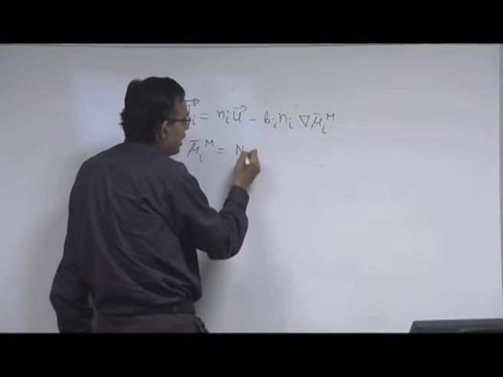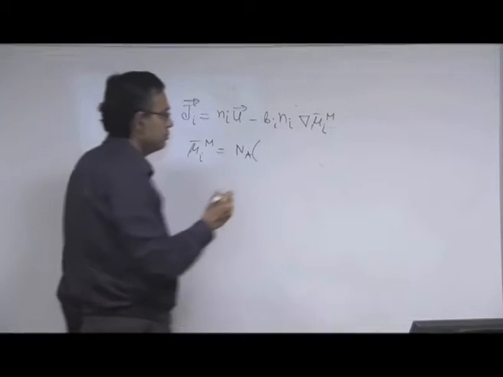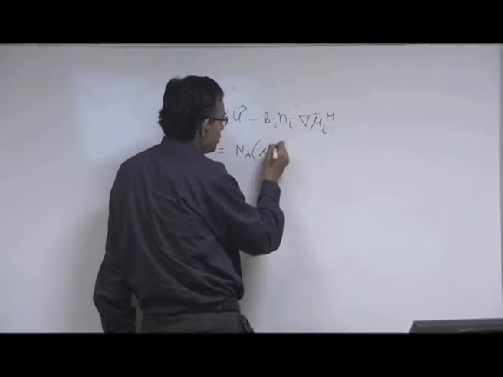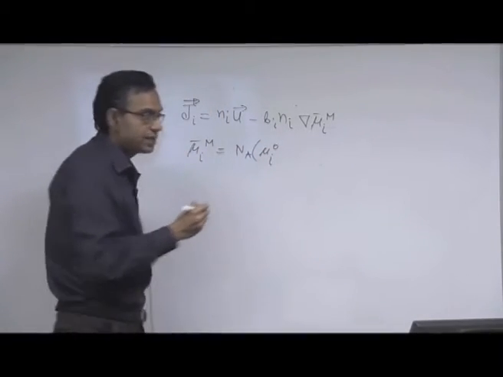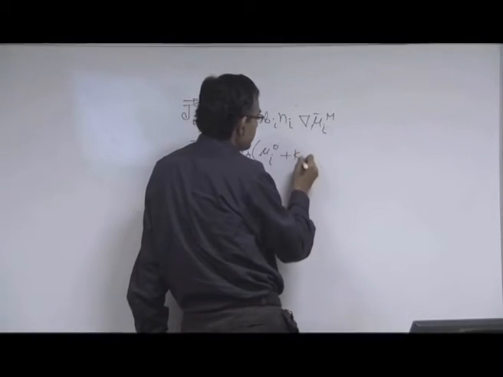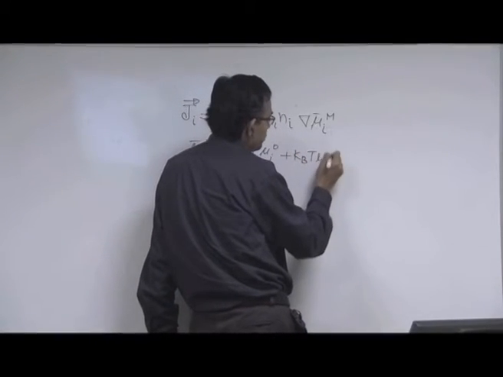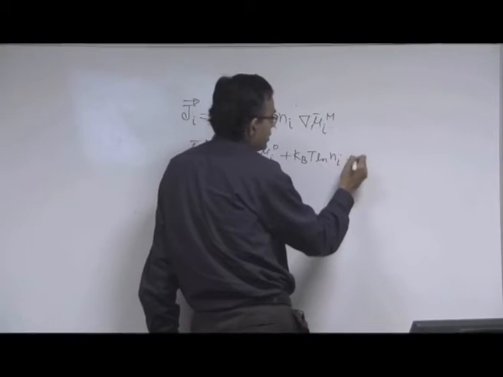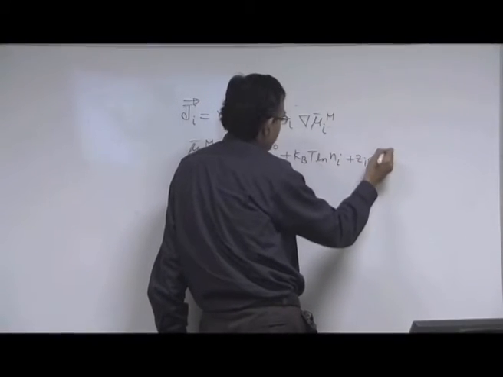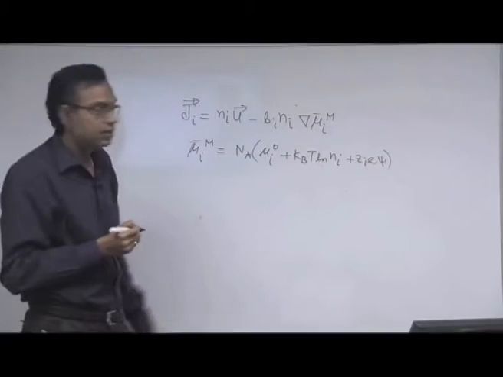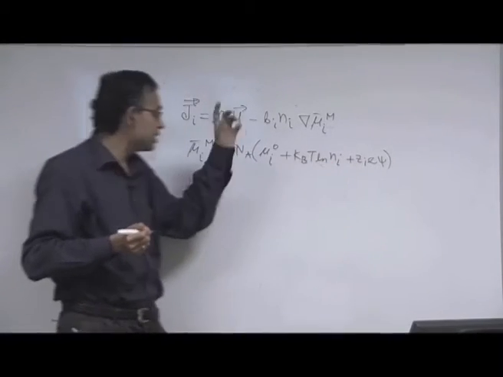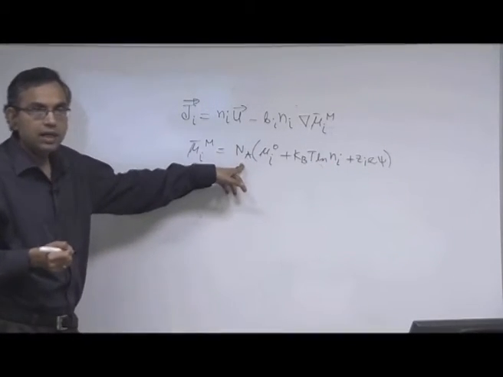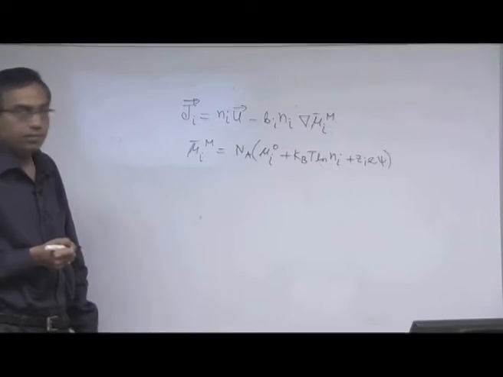This is Na times mu i 0 plus kBT ln Ni plus Zi E psi. This is what we had derived; it is a molar quantity, so multiply by Avogadro number.